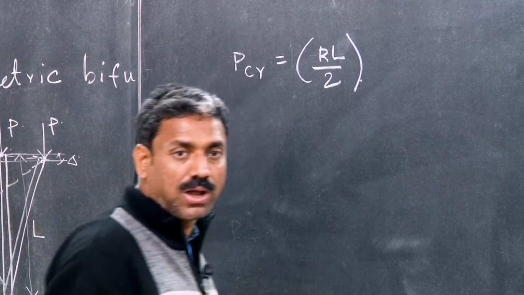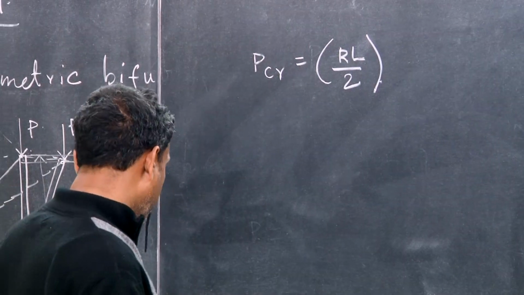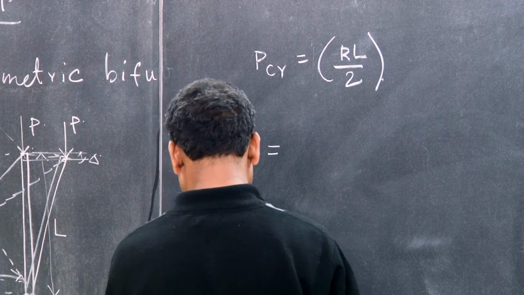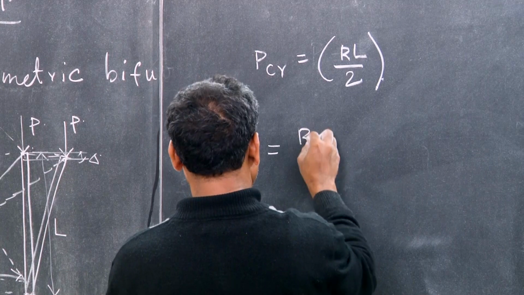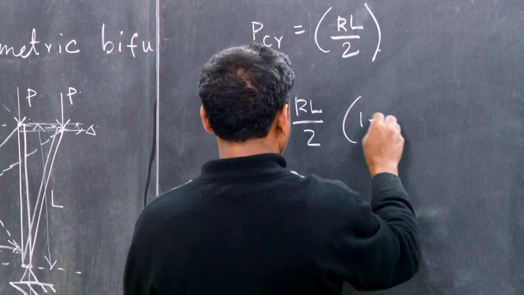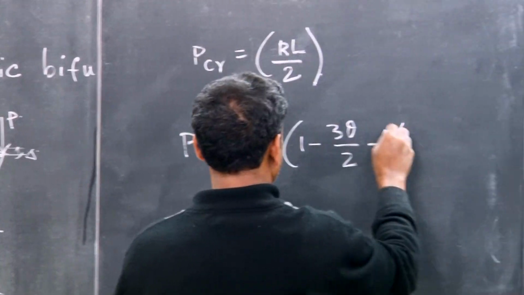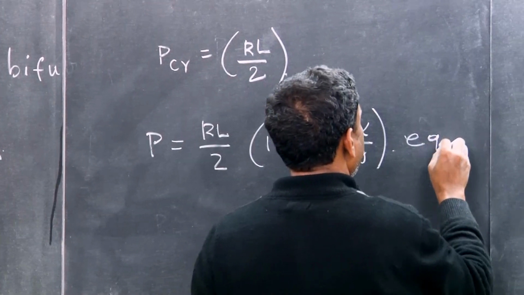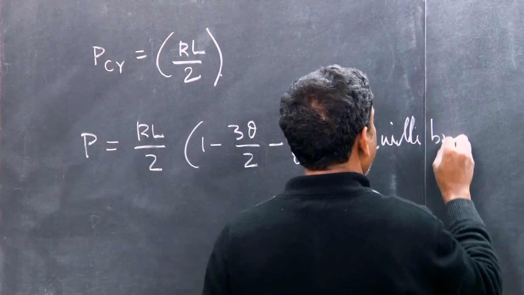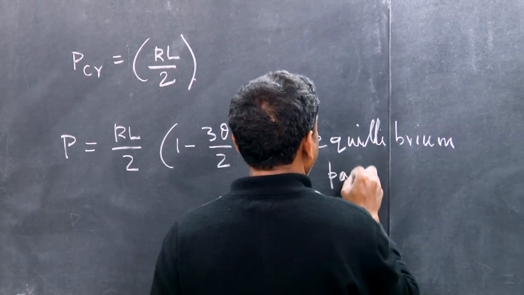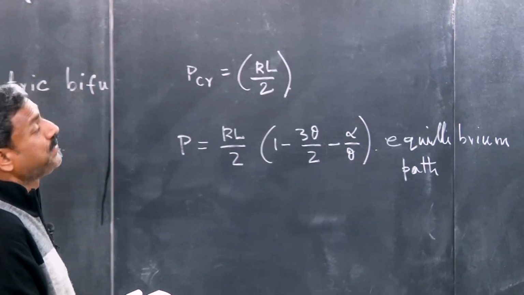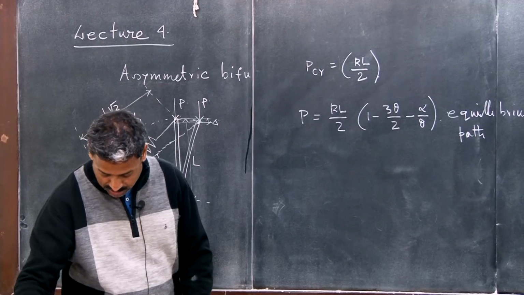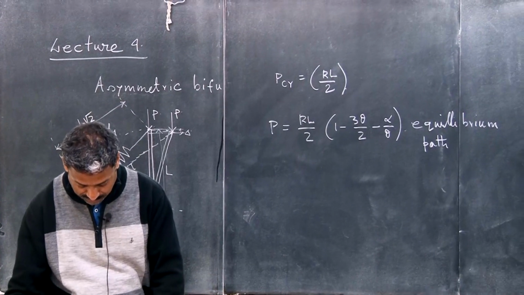I have also shown the equilibrium path, that was KL by 2 times 1 minus 3 theta by 2 minus alpha by theta, and I will also write the potential energy expression.